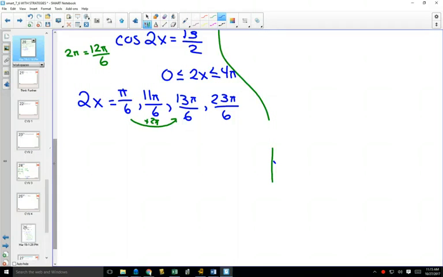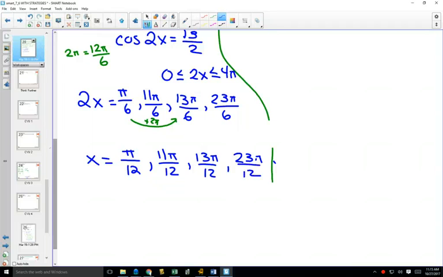If those are the answers for 2x and we're asked to solve for x, then x is pi over 12, 11 pi over 12, 13 pi over 12, and 23 pi over 12. And sure enough, all four of our answers are between 0 and 2 pi, like we wanted from the beginning.